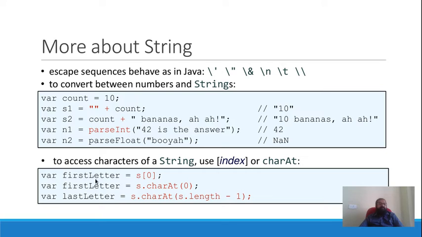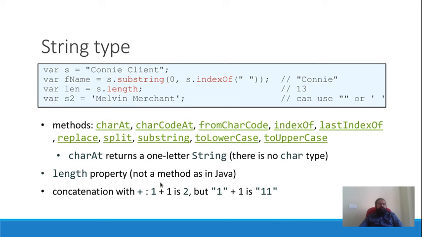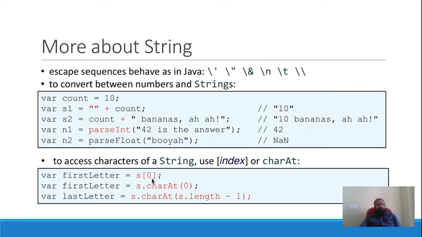So var firstLetter is equal to s[0]. If s is equal to, let's say, conic line, then s[0] will be capital C, and var firstLetter is equal to s.charAt(0) will also return the same.